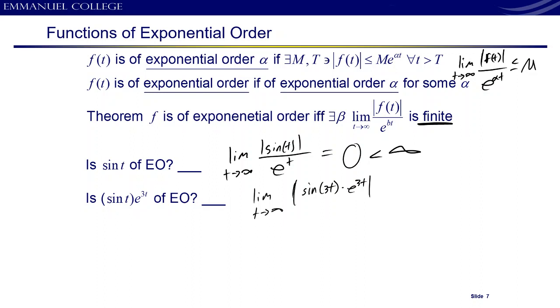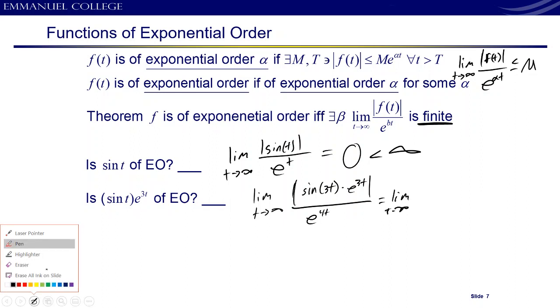Well, I just need the limit to be finite. So what happens if I divide it by e to the 4t? That would give me the limit as t goes to infinity.